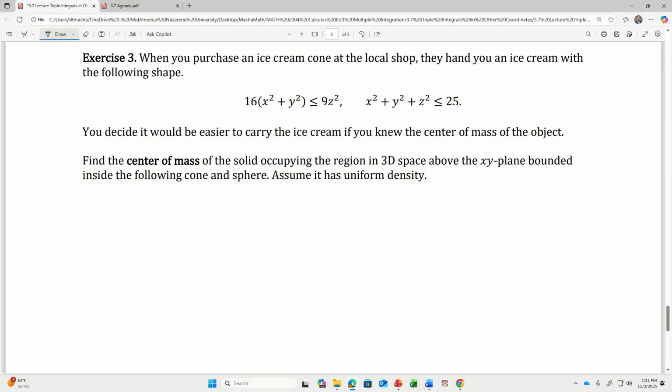But what if I wanted to know the center of mass of this solid? You could ask ChatGPT. Find the center of mass of the solid occupying the region in 3D space above the xy plane bounded inside the cone and sphere. Assume it has a uniform density.